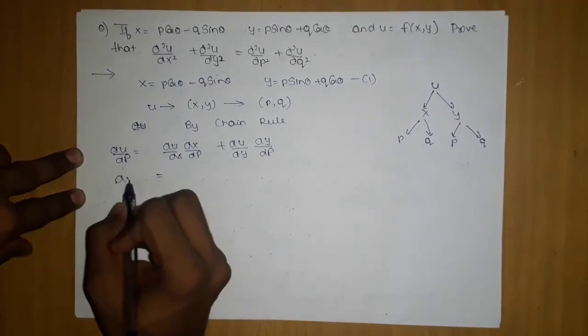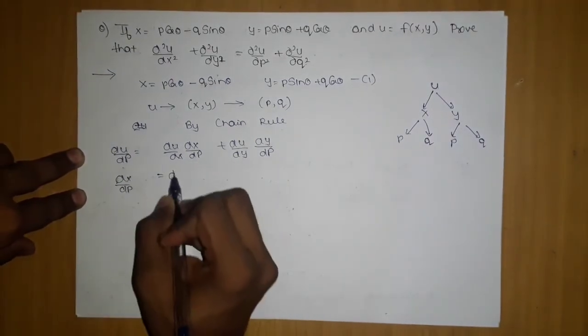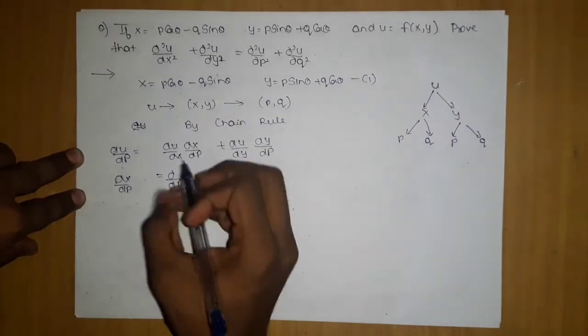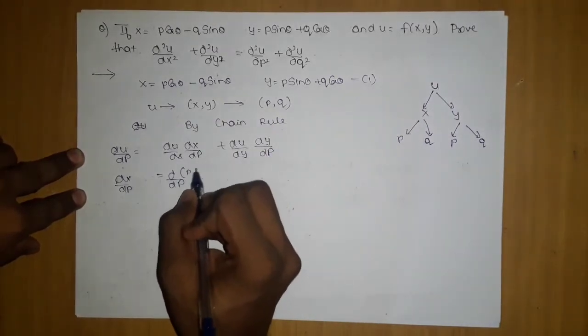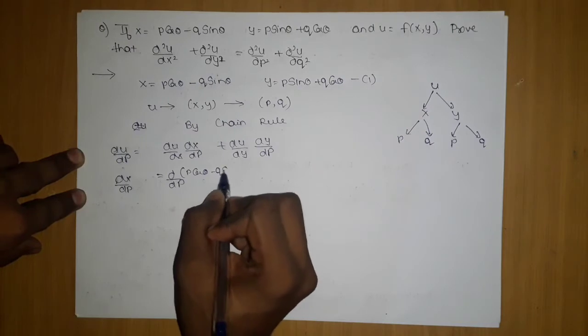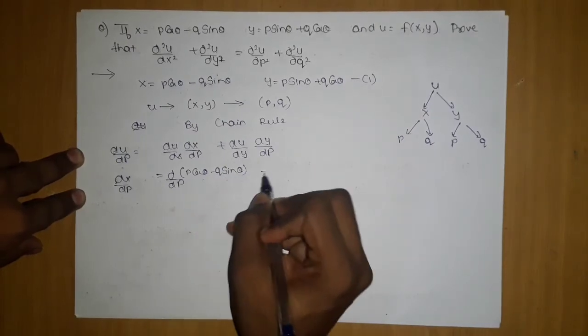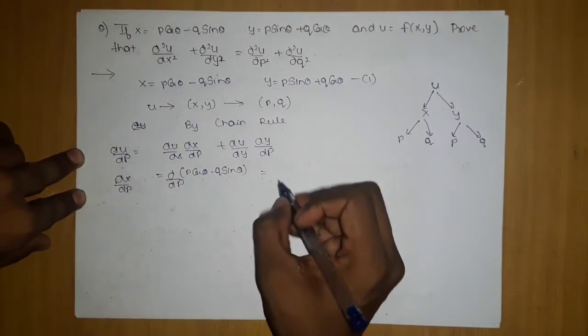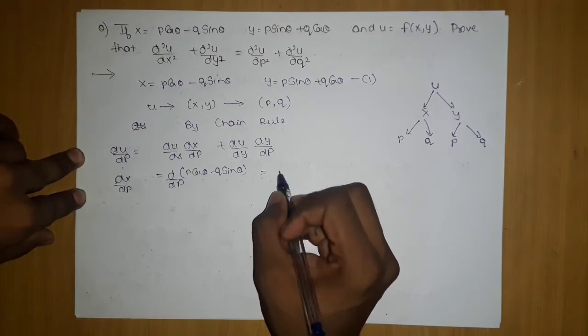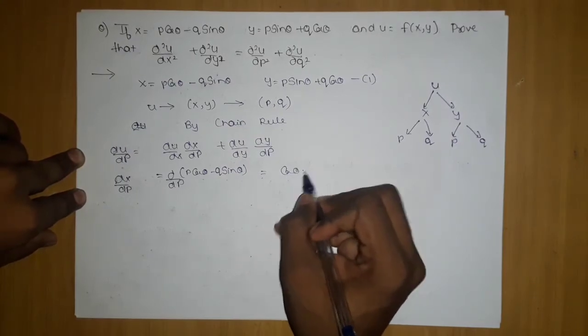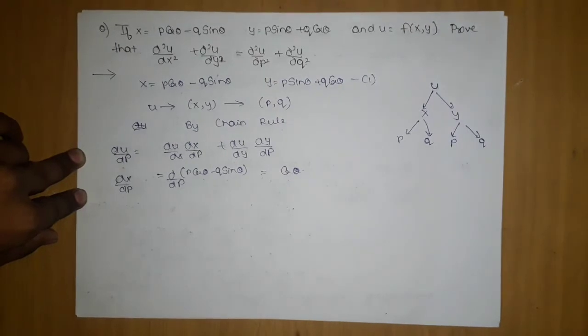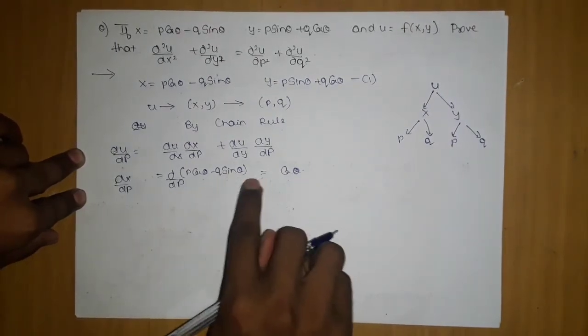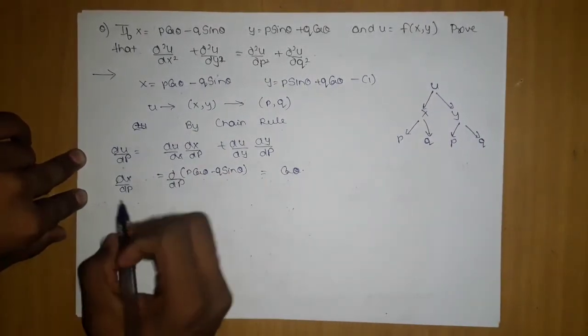So if you observe, dou x by dou p is nothing but dou by dou p of p cos theta minus q sin theta, which will be nothing but cos theta, because I am not partially differentiating with respect to q or theta, so my target will be only the p term.